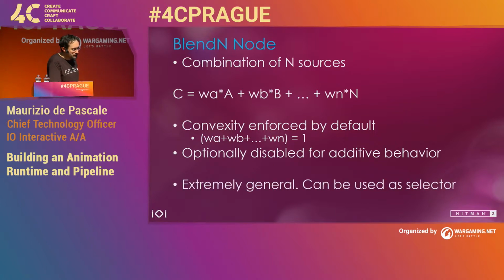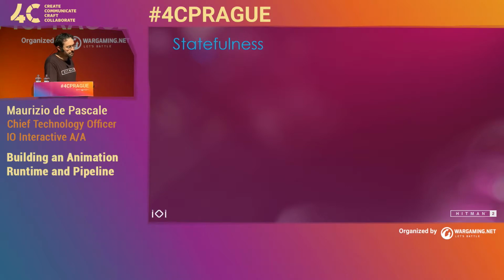And this N-blend node is really general. It can be applied to many problems. For instance, it can easily be used as a selector. So let's say you have an array of animations, and just by putting one on the weight that you really care about, it's a quick way of selecting an input animation instead of having to explicitly create yet another custom node just for that. We use it extensively.